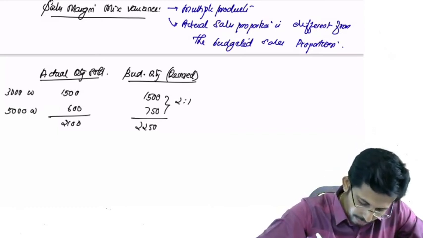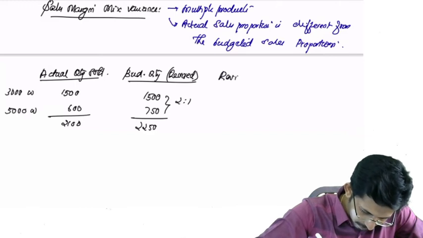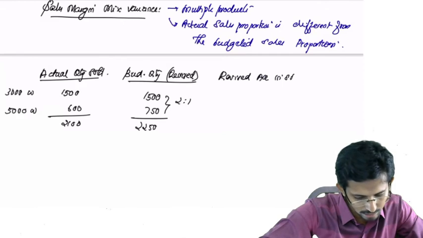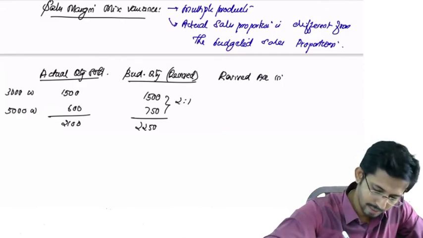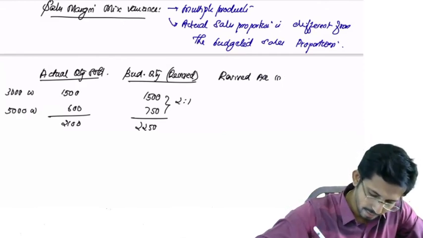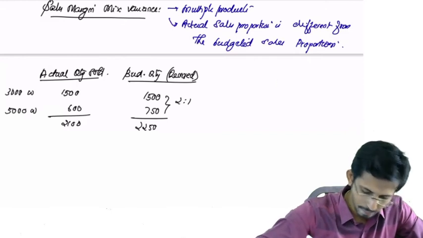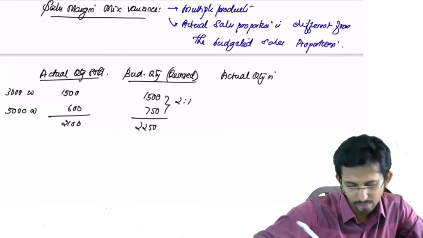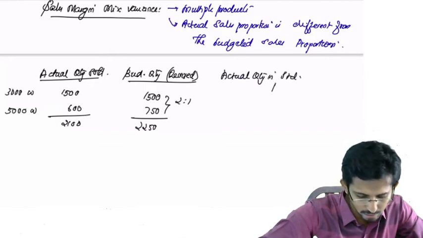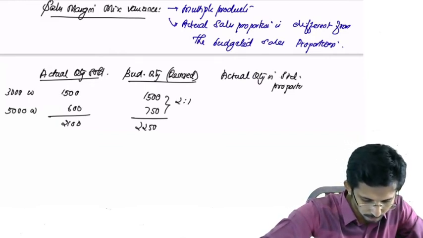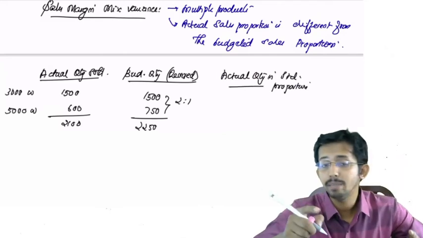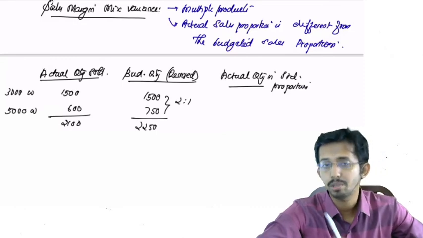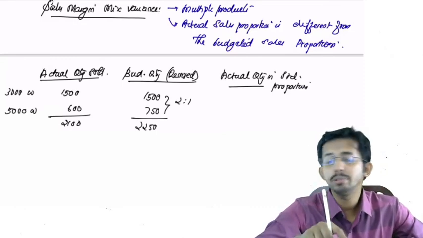Okay, so you can write revised actual quantity, or I will take it as actual quantity in standard proportion. Certain students may commit a mistake by taking the original budget figures or original budget ratio here. No, that cannot be taken, because here you have revised the budget.